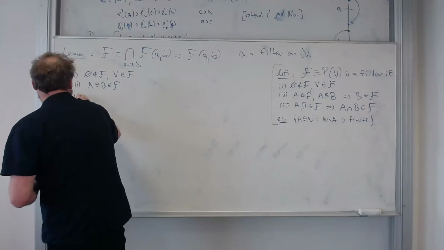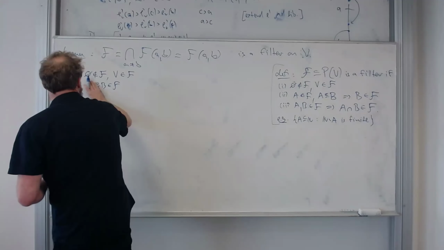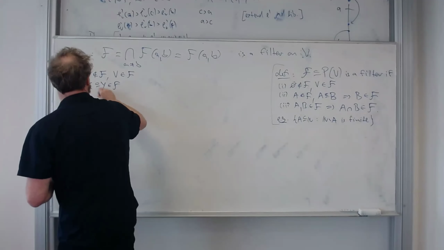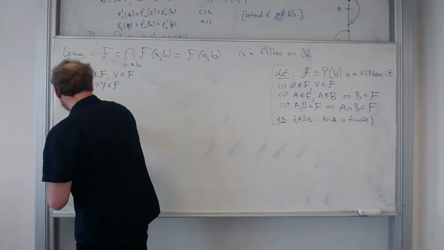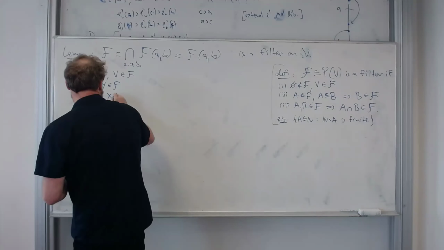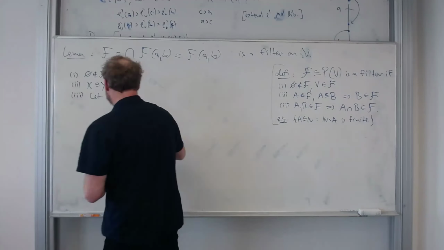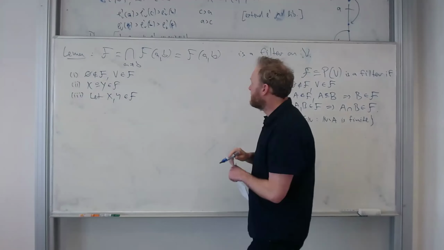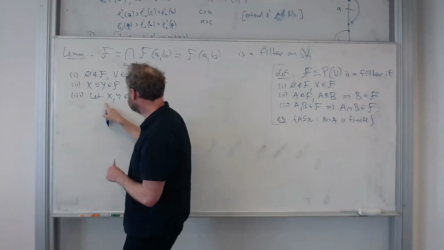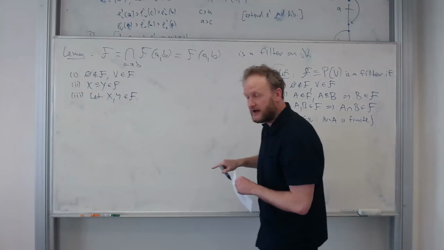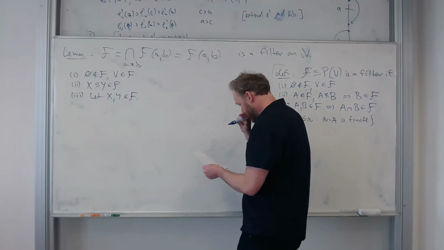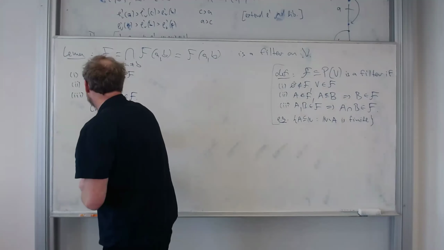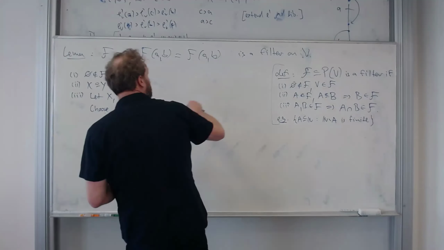And the only one which you actually need to do, I'll call them X and Y, is the intersections. Okay, so let X and Y be in the family. What does that mean? X is decisive, Y is decisive. I need to show that the intersection is still decisive. Okay, so choose. It's a similar argument to the one I messed up here.